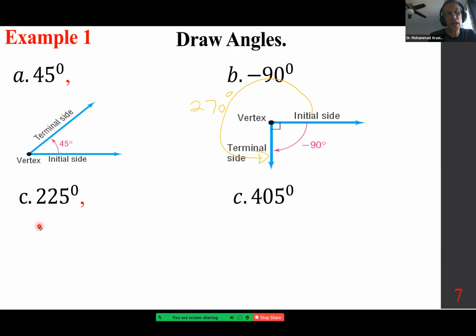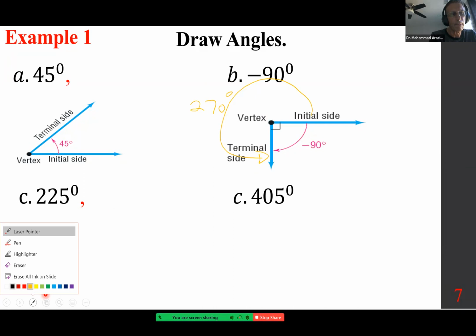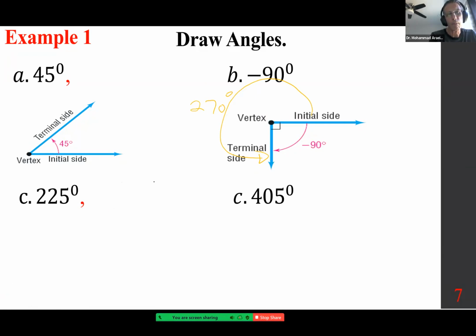225 degrees. Perhaps if we do the following, and we remember this corresponds to 180 degrees. This corresponds to 90 degrees.